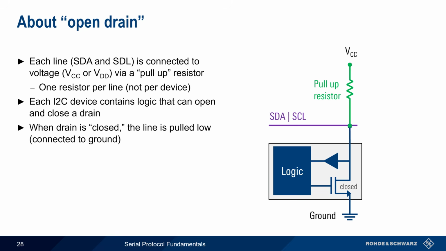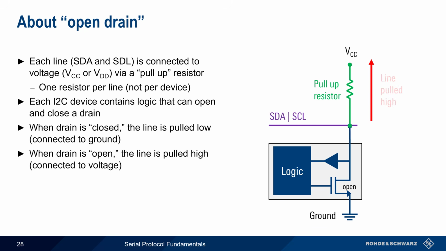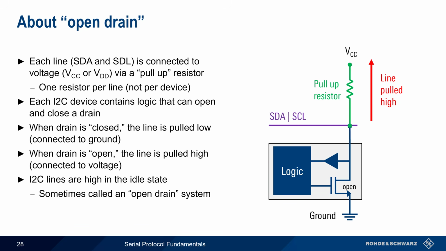When the drain is closed, the line, SDA or SCL, is pulled low because it's now connected to ground. When logic causes the drain to be open, the line goes high because it's connected to voltage. Remember that in I2C, the idle state of the lines is high, and therefore you may sometimes hear I2C referred to as an open drain system.